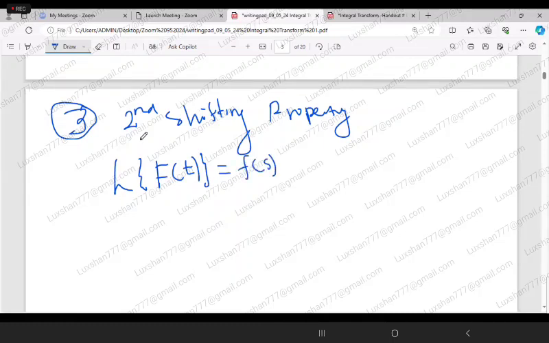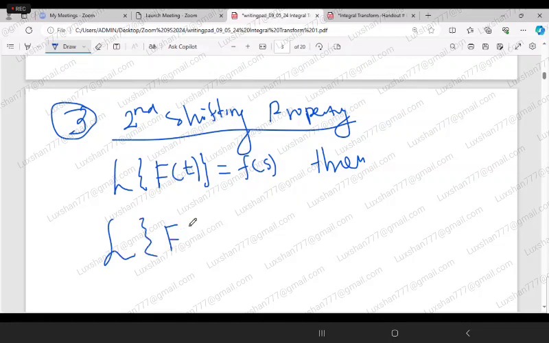Then what is the Laplace transform of f(t minus a) into h(t minus a)?